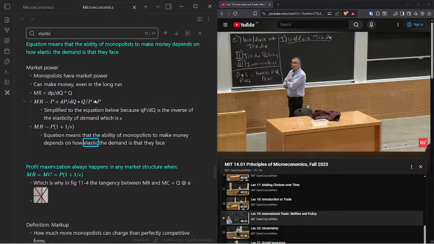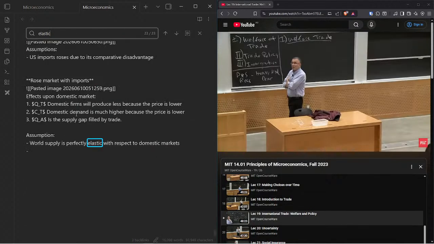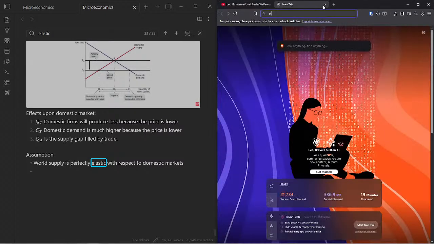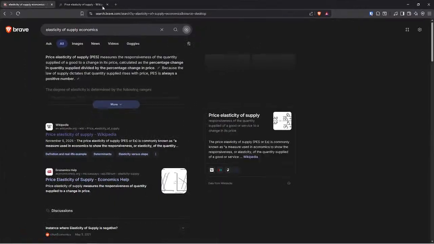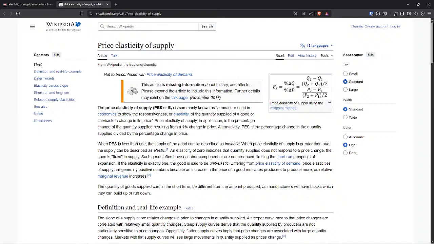This is all elasticity, I'm pretty sure. I don't have anything on the elasticity of supply, but I'm pretty sure I'm right. Price elasticity of supply: responsiveness of the quantity supplied of a good to a change in its price. Okay. Yeah.